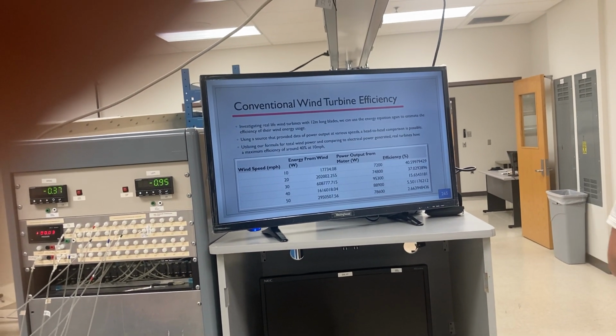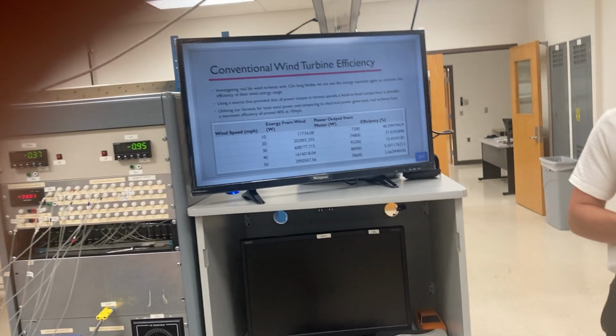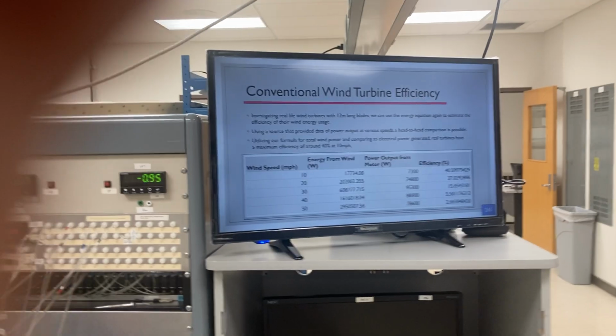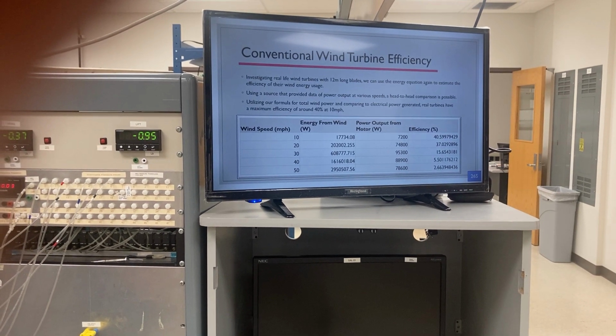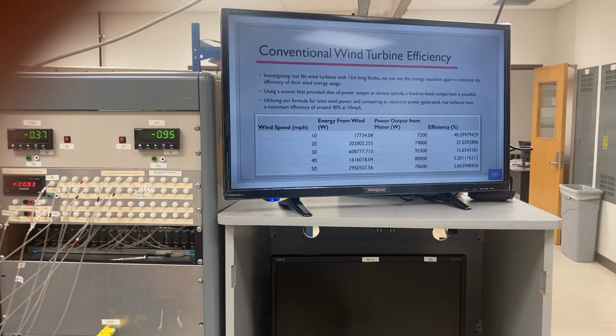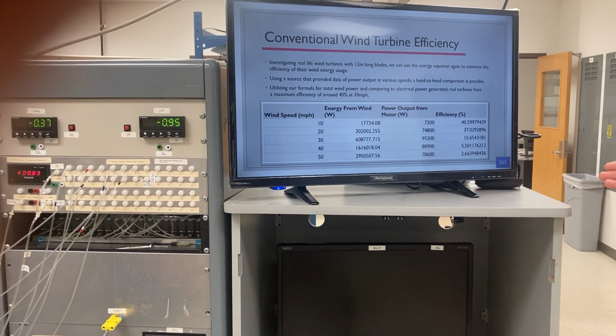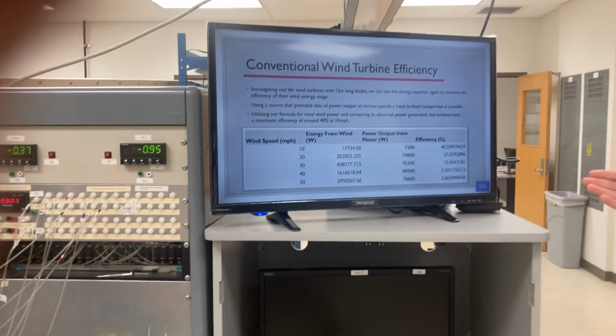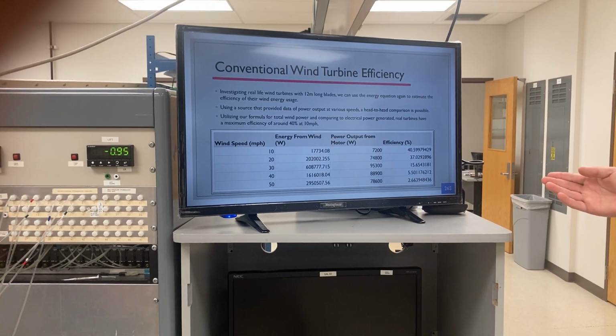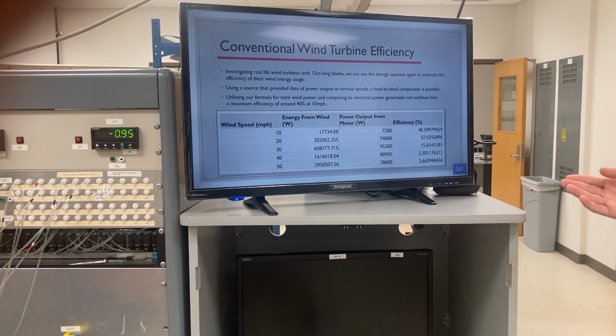So, talking about the conventional wind turbine efficiency, in the example from Penn State, you can see the raw data that we used to make these calculations. But looking at the power output of these turbines is insane. At 10 miles an hour, this realistic wind turbine is making 7,200 watts, or 7.2 kilowatts, of power.